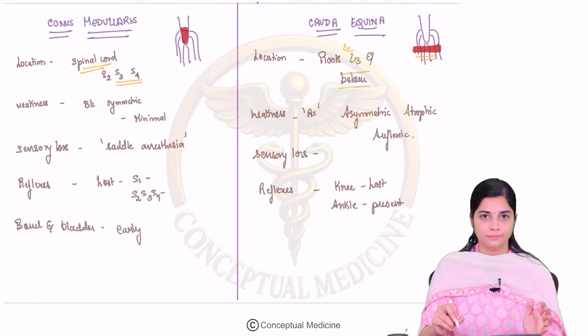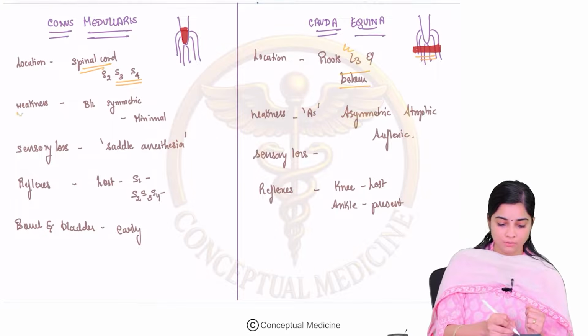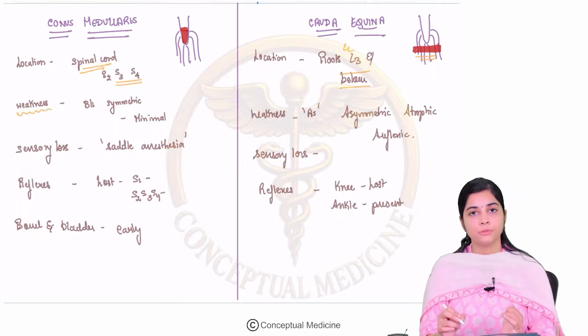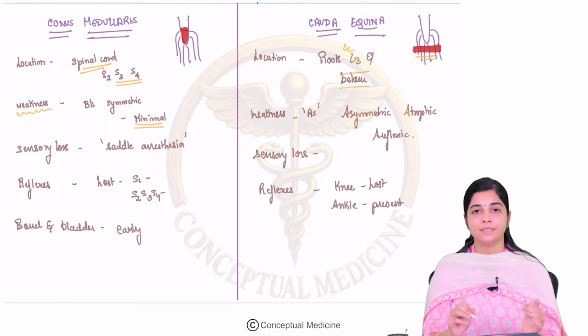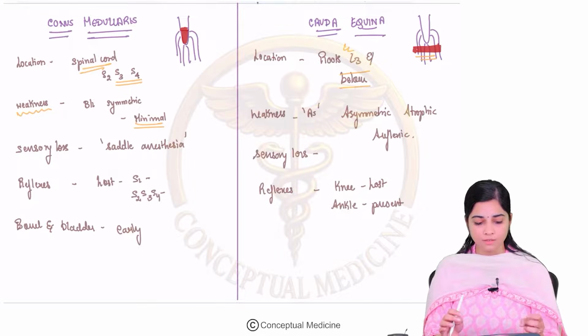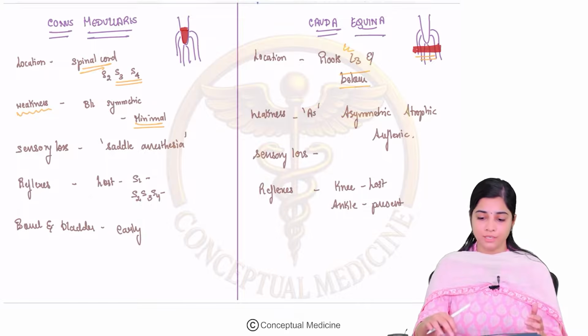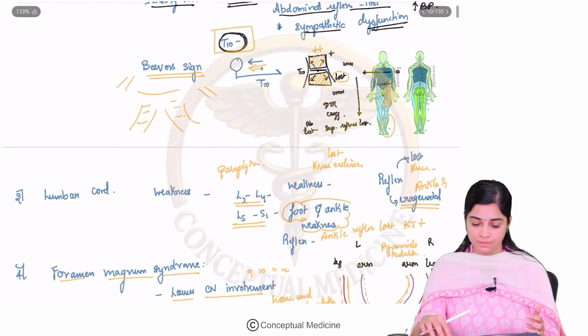Fine. So what are the differences? Now, in your conus medullaris syndrome, you have weakness, but it is usually a very minimal weakness and it is symmetric weakness, right? So, when it comes to the pattern of weakness in the conus medullaris syndrome, there is bilateral symmetrical weakness and it's very minimal because S2, S3 and S4, I will show you in this dermatomal distribution.